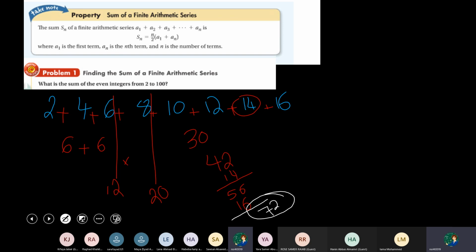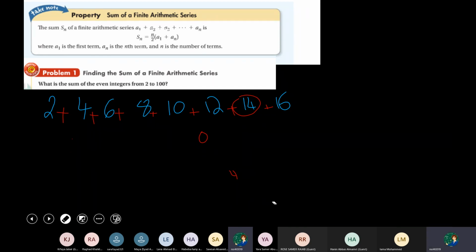Is it easy for me to add all of these 50 numbers? No. So because of that, I have to use this formula: S sub n is equal to n over 2 times the first term plus the last term.